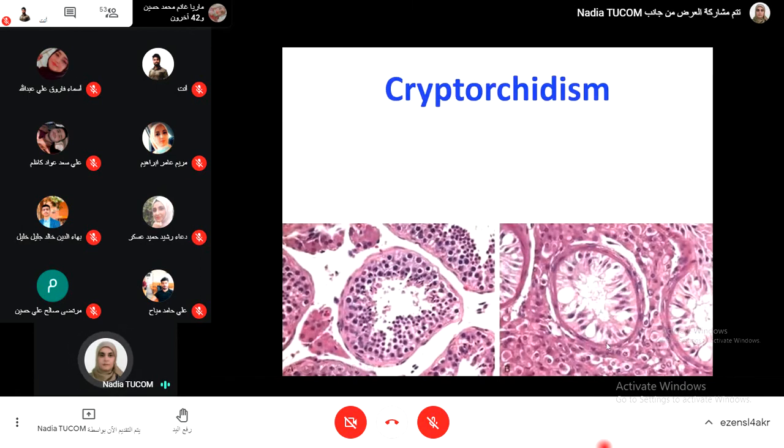The seminiferous tubules are occupied only by supportive Sertoli cells. No spermatogenesis, no germ cells. This is what we call testicular atrophy.